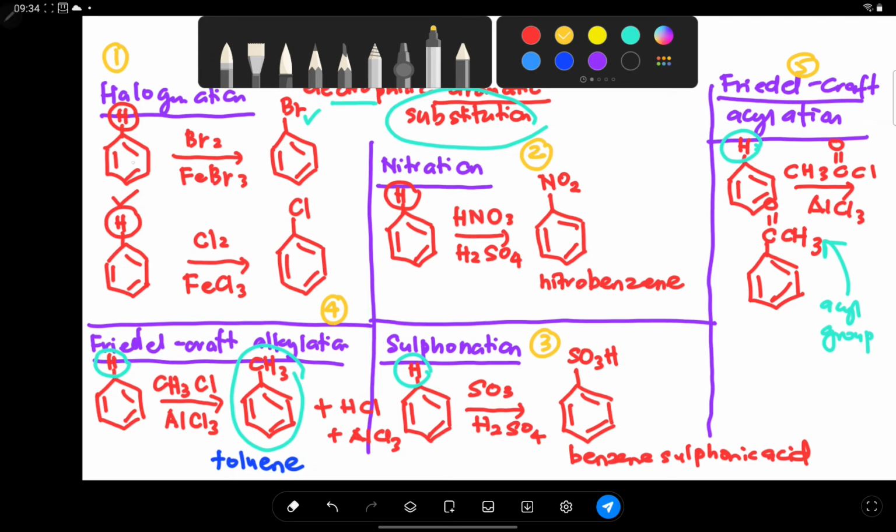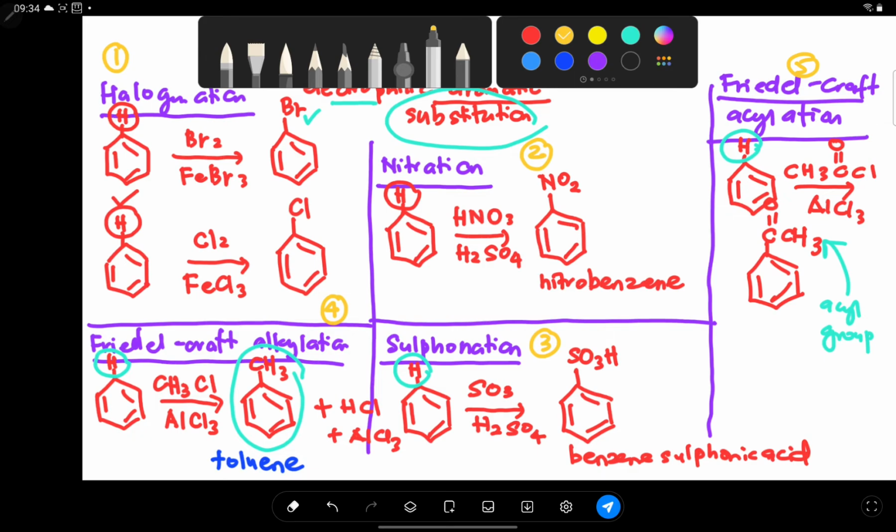Because here this benzene just has hydrogen. What happens if we substitute this hydrogen with another compound? For example, you have Cl here, or you substitute with a nitro group. Okay, what happened here?